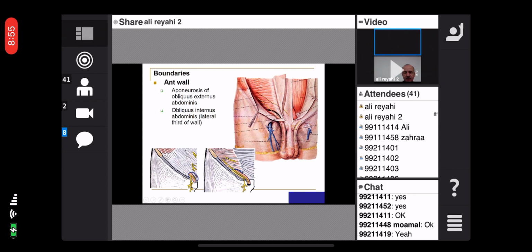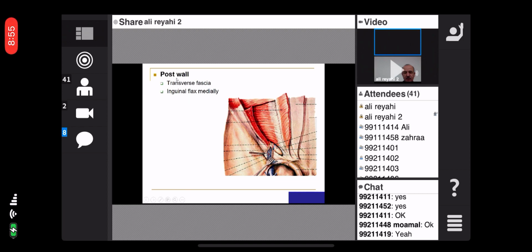Look here, the posterior wall. Attention please. The posterior wall of the inguinal canal is formed by the transversalis fascia. But medially the posterior wall is reinforced by the conjoint tendon. What is the conjoint tendon?